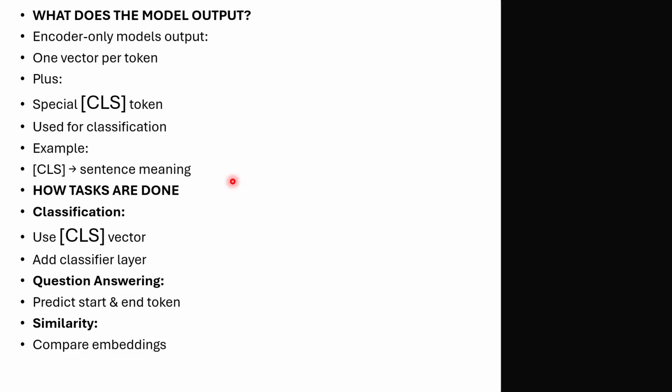Now let's talk about how tasks are done. For classification, CLS is a vector, so we add a classifier layer. For question answering, we predict the start and end tokens. Similarity is comparing the embeddings.